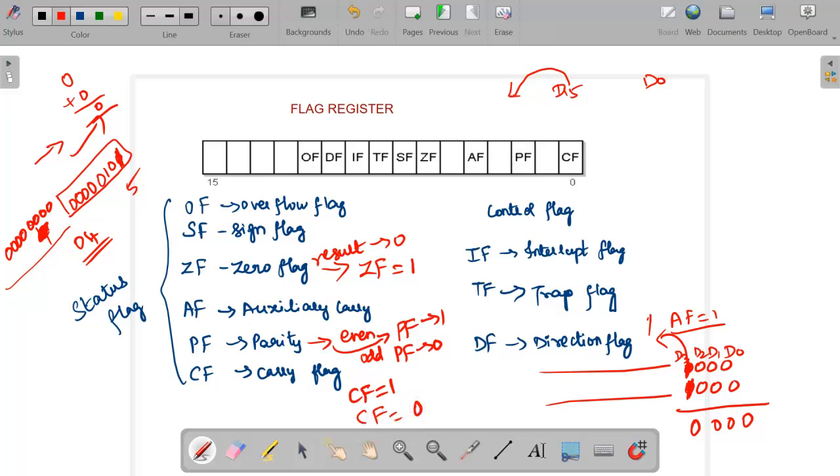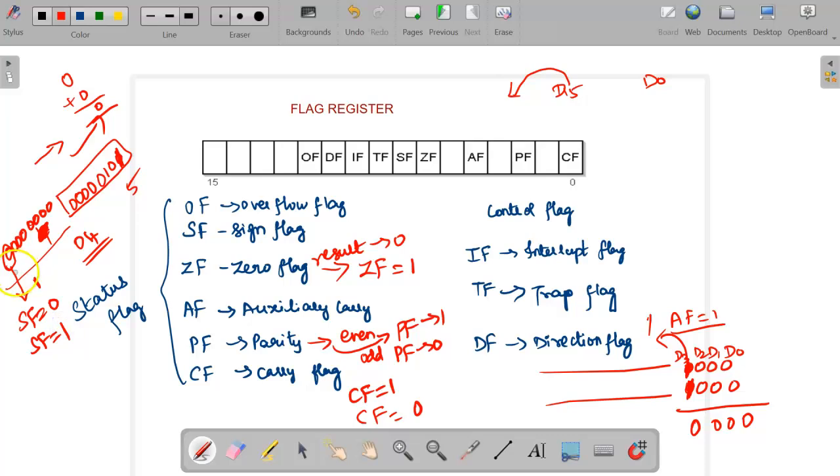And then the sign flag. After doing the addition or logical operation, you have to see your D15 bit, that is your last bit. If your last bit is a 0, then the sign flag is 0. If your last bit is a 1, then the sign flag is equal to 1.